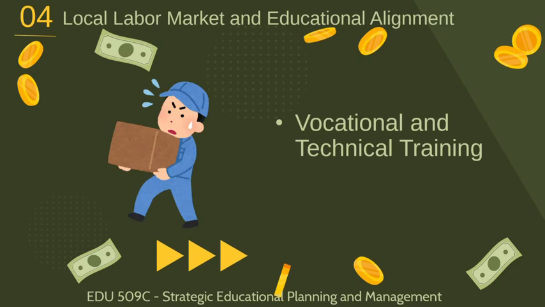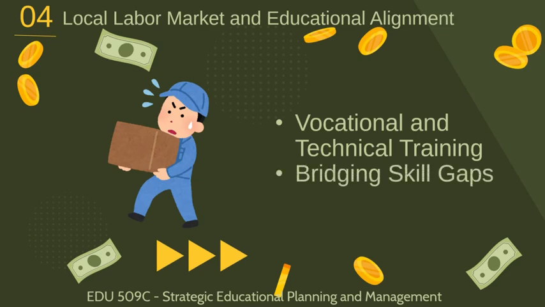In localities where certain industries dominate, such as agriculture, tourism, or manufacturing, educational programs should focus on vocational and technical training. This helps ensure that graduates have the skills necessary to succeed in local jobs, reducing unemployment and contributing to local economic development.